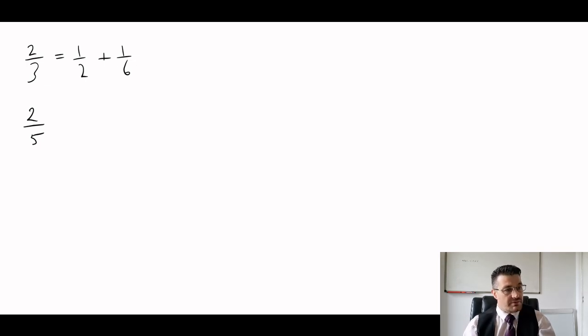So with this one, what I personally did was I thought about certain equivalent fractions, fractions that might be equivalent to this.